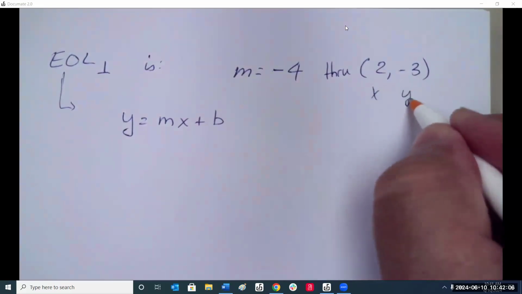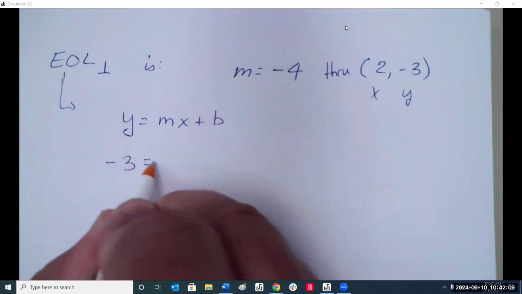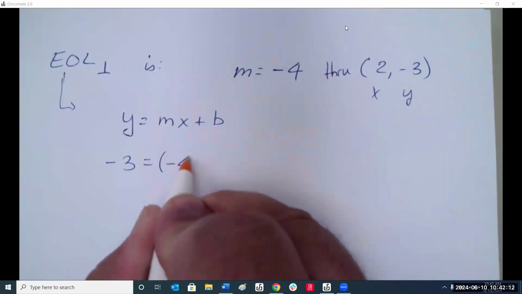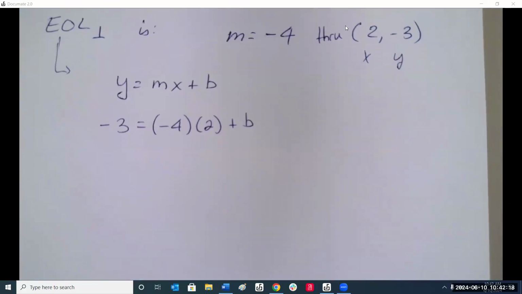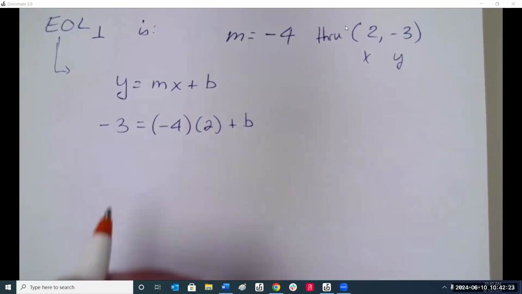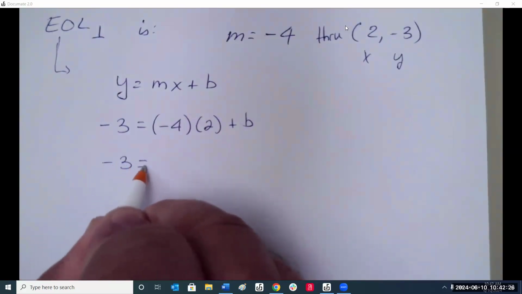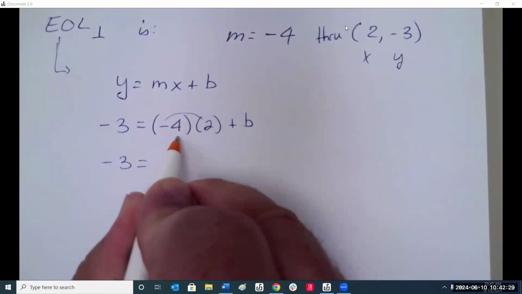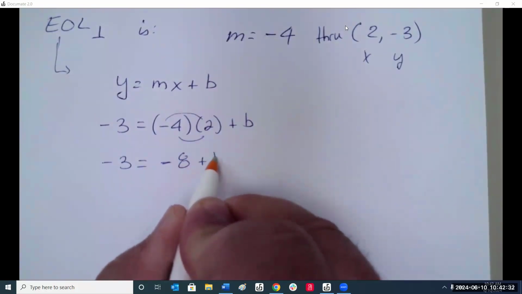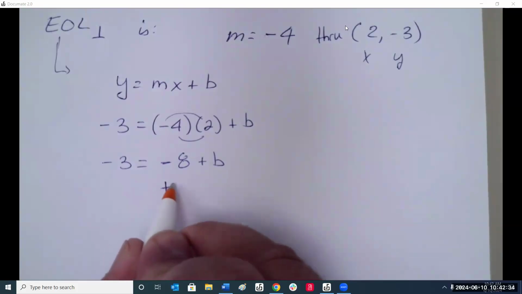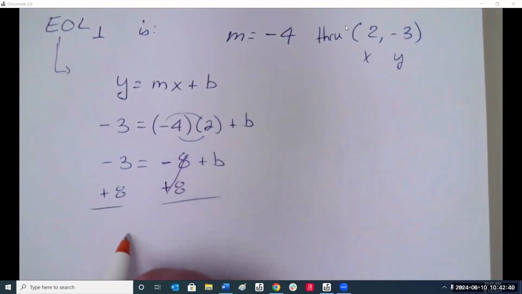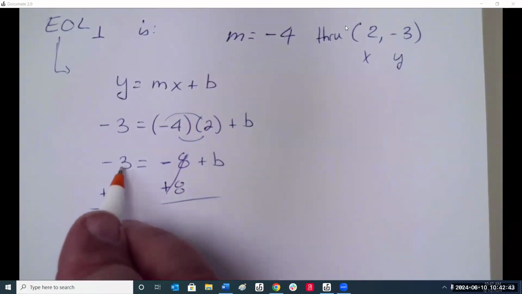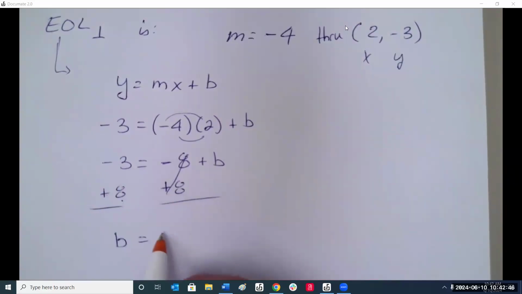This is x and this is y. So -3 equals -4 times 2 plus b. Solve for b. Negative times positive is negative. 4 times 2 is 8. Add 8 to both sides. 8 is bigger than 3, it's positive, so 8 minus 3 is 5.